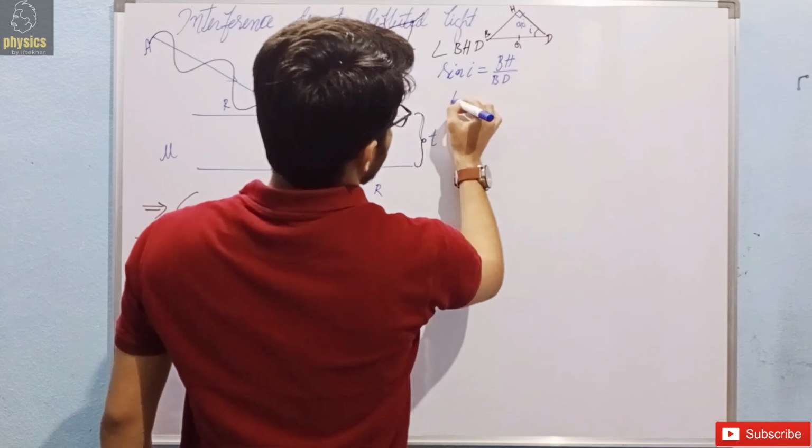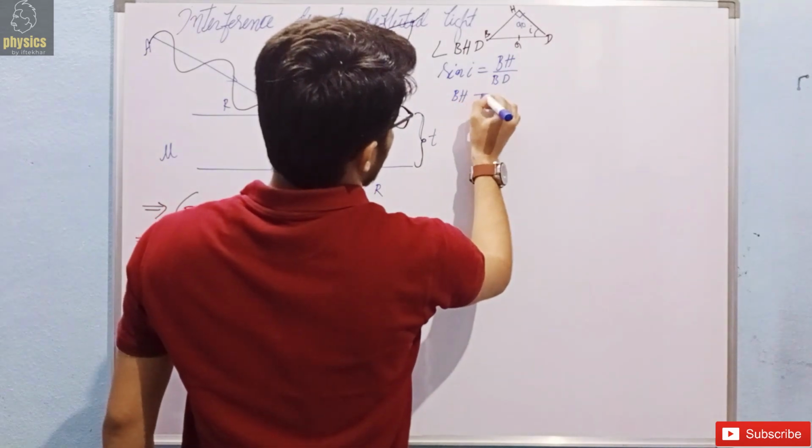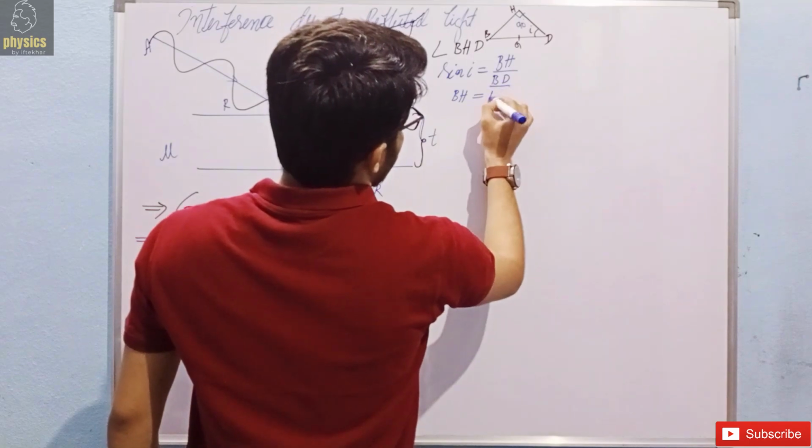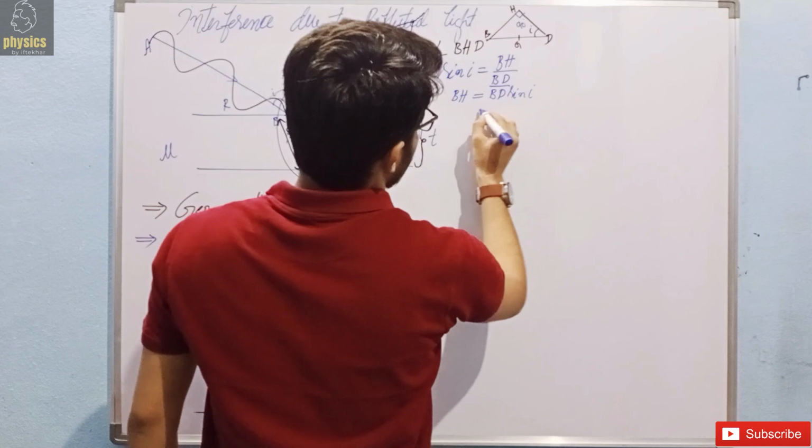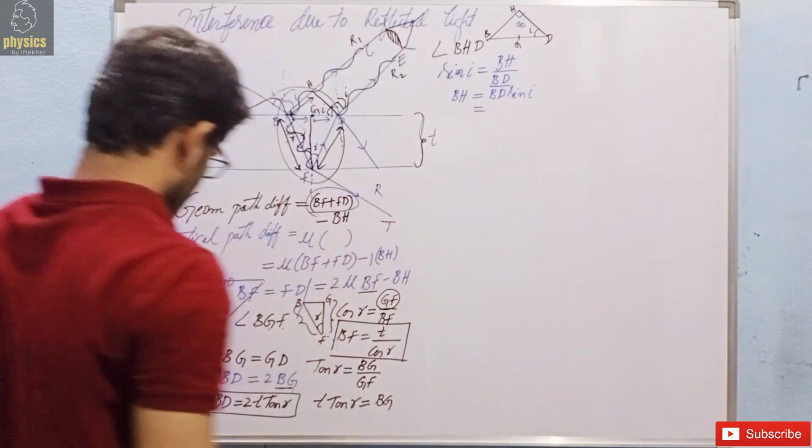So I have to find out BH. Taking that one side, BH is equal to BD into sine I. What is the value of BD?